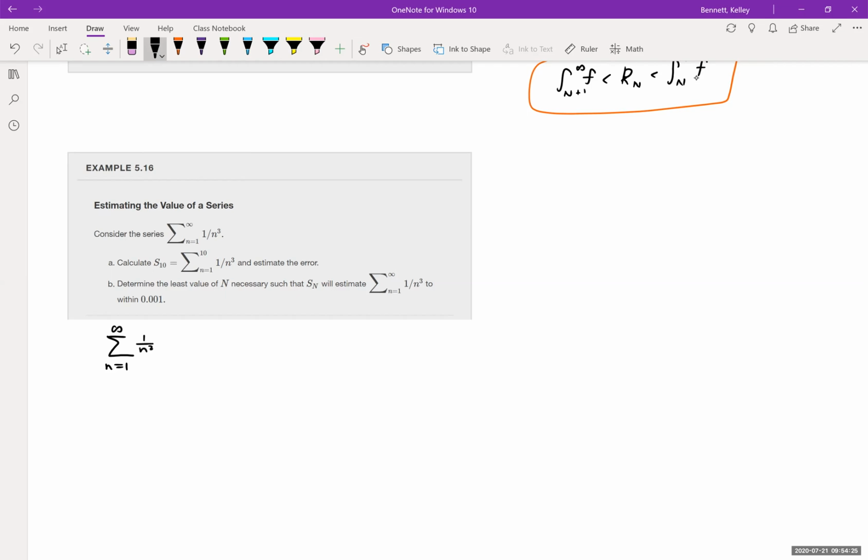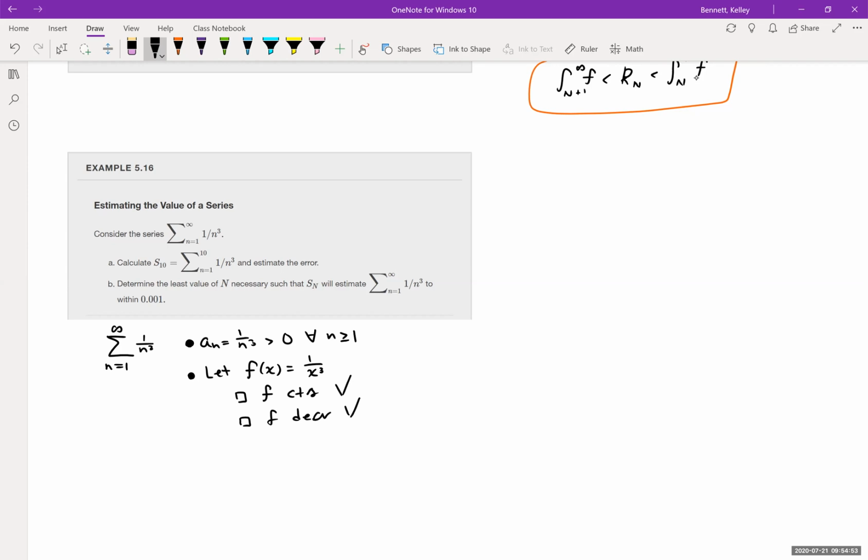And we already went through this, right? We said a sub n equaling 1 over n cubed is positive for all n greater than or equal to 1. And then our function f was equal to 1 over x cubed, so that f is continuous, f is decreasing.